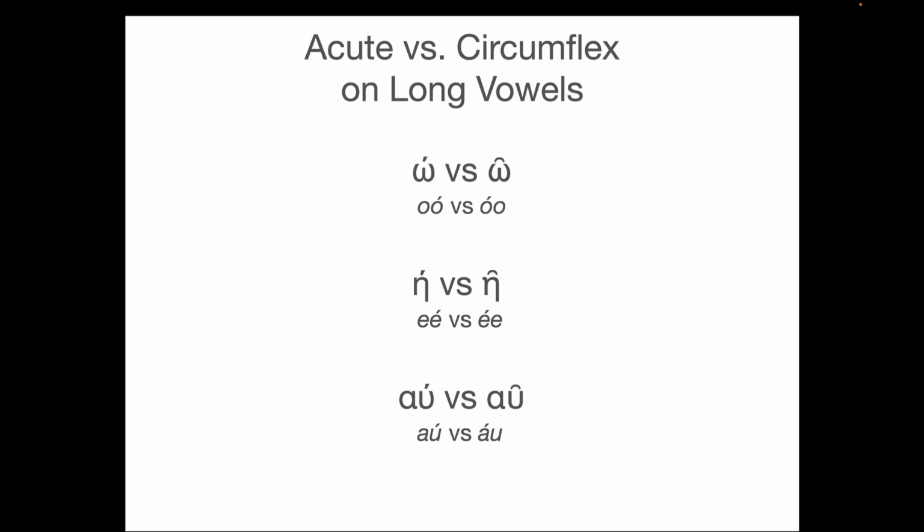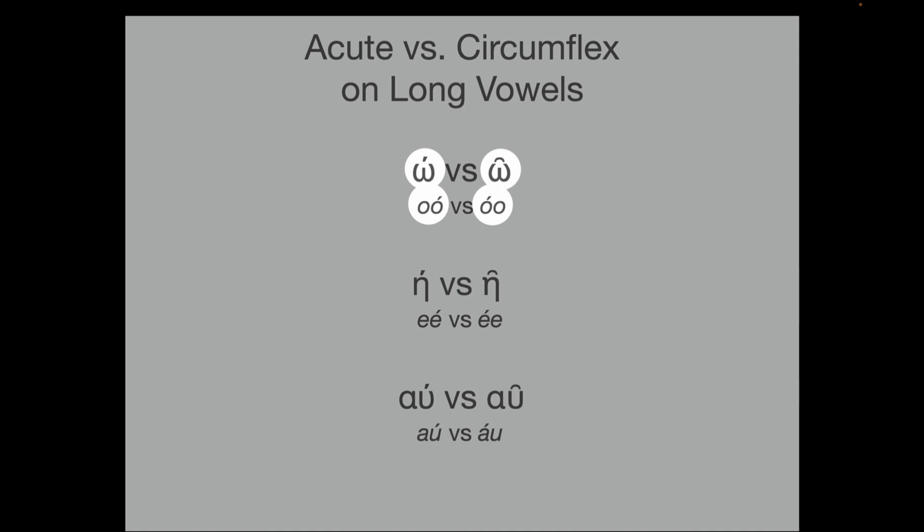So what I've done here is given you 3 examples of bimoraic vowels, omega, eta, and the diphthong ou. And I've replaced them with English letters to sort of show you the morae inside of them. So the omega is really made up of 2 O morae. And you will see that the one with the acute accent has the rightward mora with the high tone, the second O, whereas the omega with the circumflex on the right shows you that the leftward mora, the first mora, towards the beginning of the word, is the one carrying the high tone.